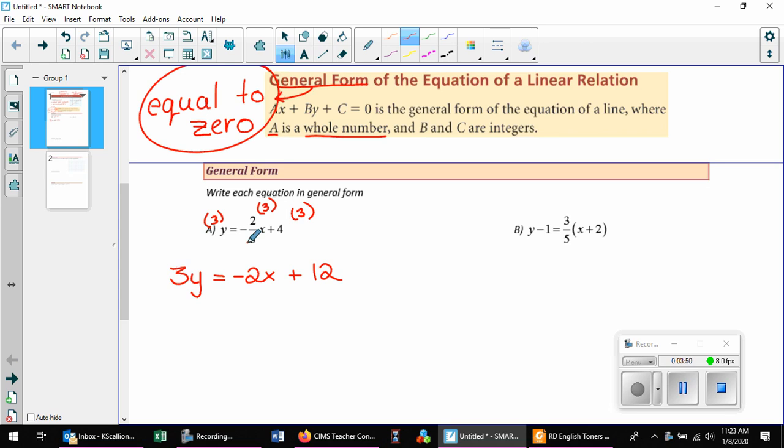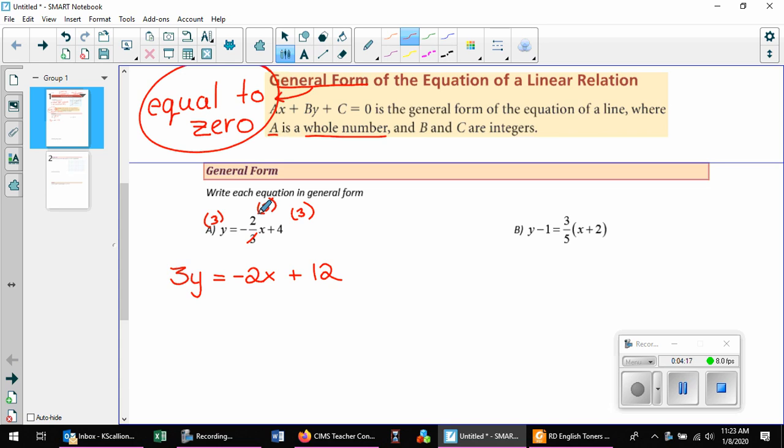What happens to the 3? It is divided by 3. The opposite. That's not what I'm asking you to do. I'm not asking you to solve anything. I'm asking you to put it in general form. So what do we know about whole numbers?